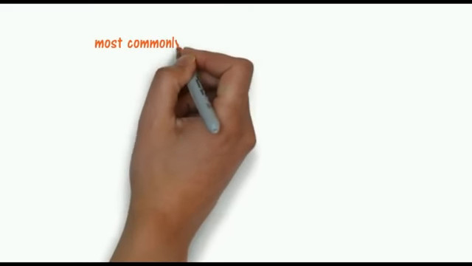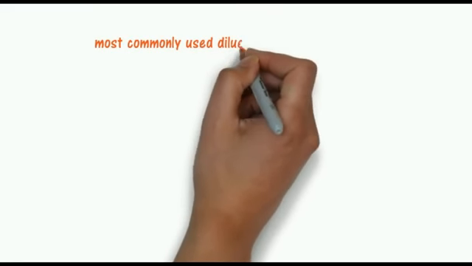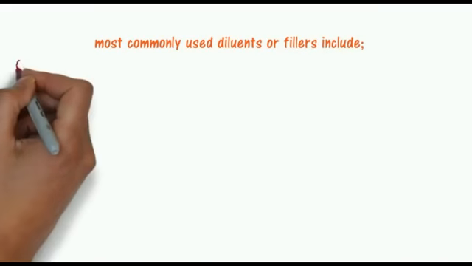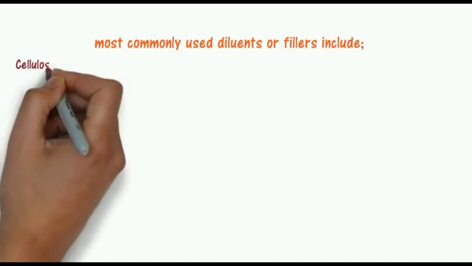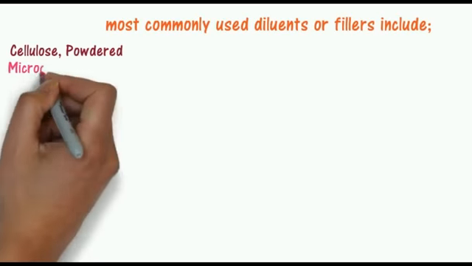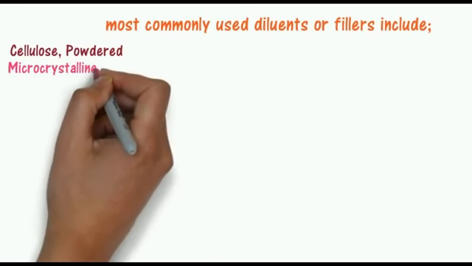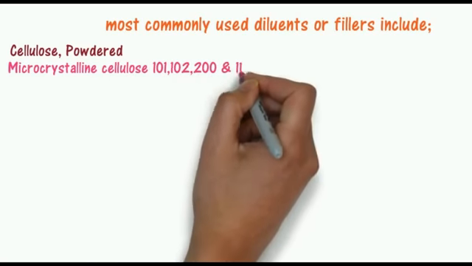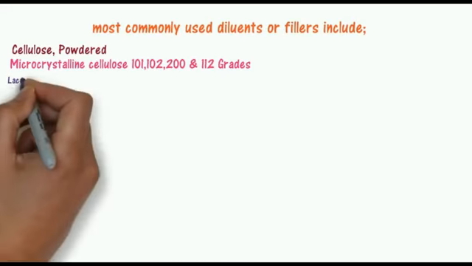Most commonly used diluents or fillers include, we will first name all these and then we will discuss each in detail. Cellulose powder is the most commonly used filler in tablet and capsule dosage forms. Microcrystalline cellulose 101, 102, 200 and 112 grade.